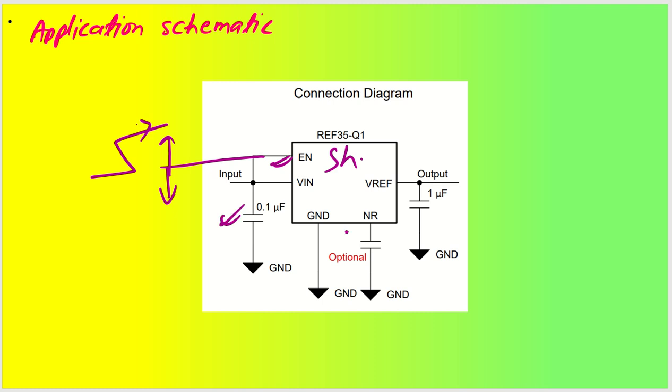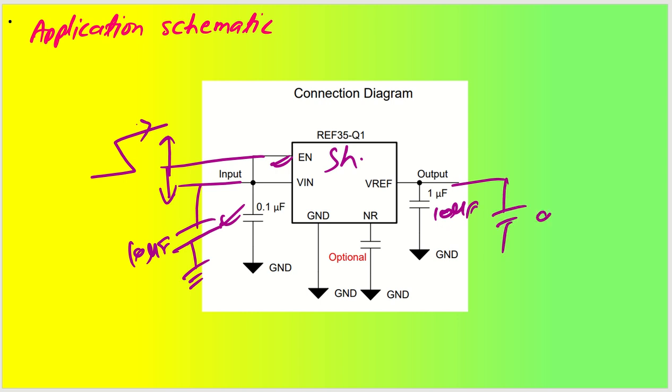You just need one input capacitor. You can have one more additional 10 microfarad capacitor for better transient responses. And at output you can have 1 microfarad, or even a little bit higher you can keep, let's say 10 microfarad, plus one additional 0.1 microfarad you should give, so that it can give you a filtered output.